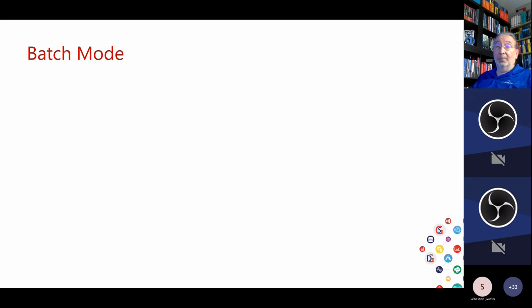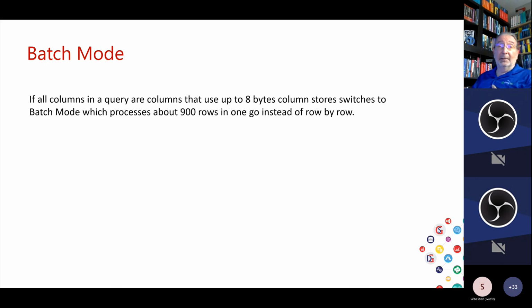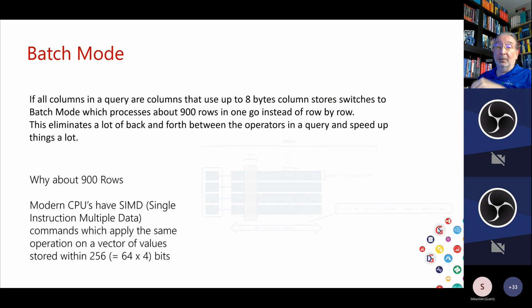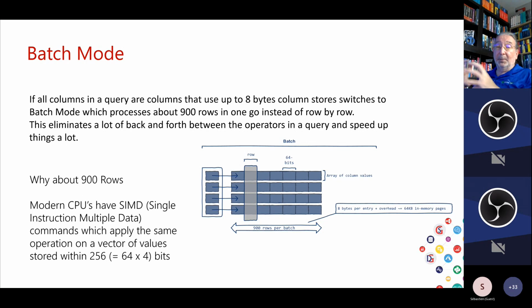What it says is, hey, storage engine, give me 936 rows. And the 936 is the current implementation. It's somewhere in the ballpark of 900 plus rows. And the explanation for that is the way they do it within column store, the data is basically stored in memory blocks of 64Ks. If you take the 8 bytes per column, you can get 4 parallel streams into 256 bits, which is what a modern CPU can process in one instruction.